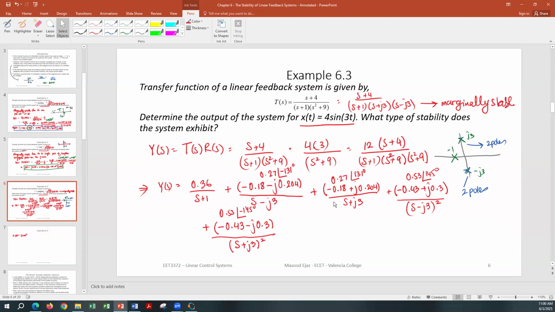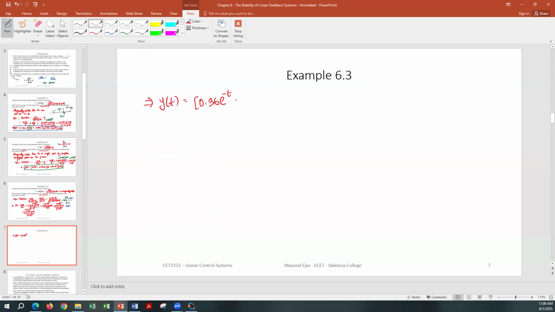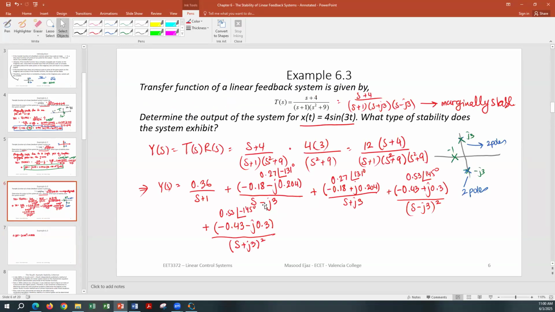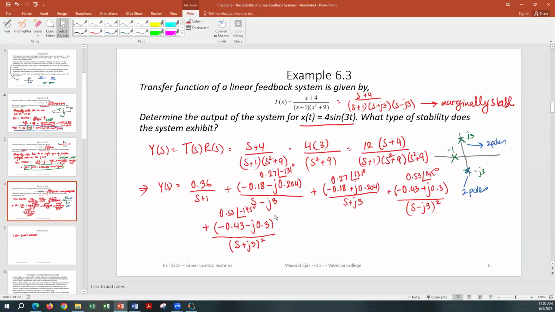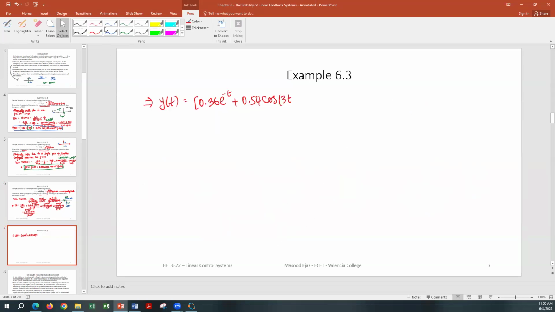The second and third pair is going to create a cosine signal: 0.27 times 2, 0.54, e to the power 0t, so e to the power 1, cosine 3t minus 131 degrees.